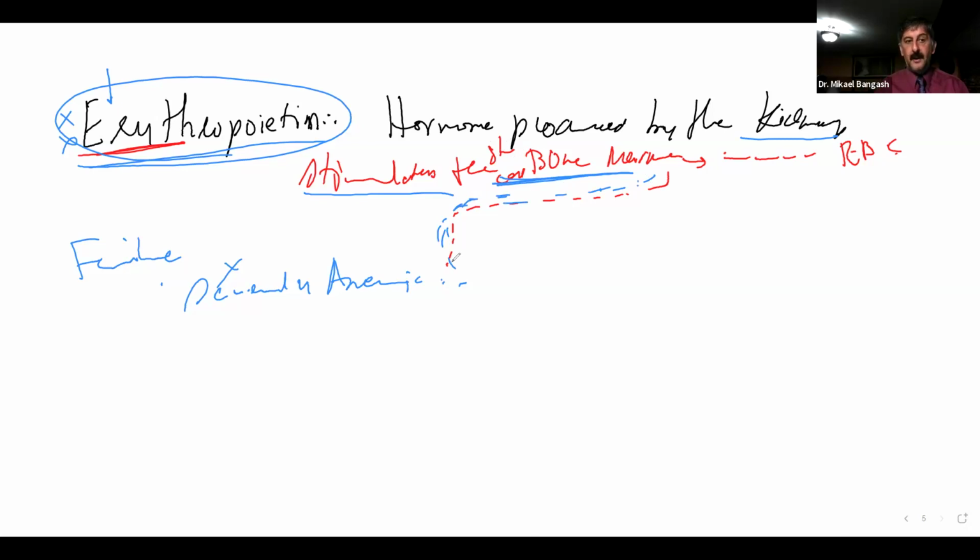So when the loss of red blood cells is greater than the production of red blood cells, what happens? You're going to become deficient in red blood cells, and that eventually is going to lead to anemia.